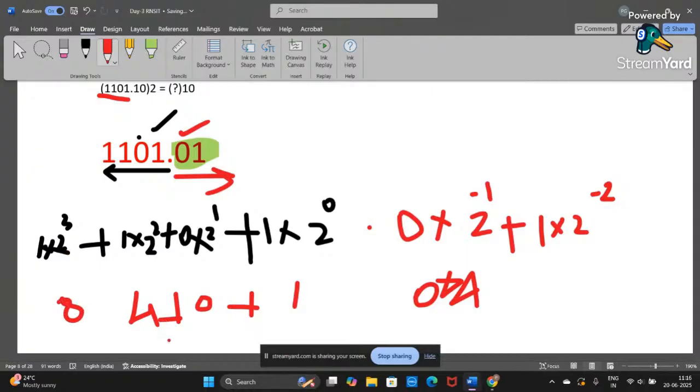So adding all this, we'll get 13. Point. How much we got here? 4. So the answer is 13.4 base 10. That's our answer.